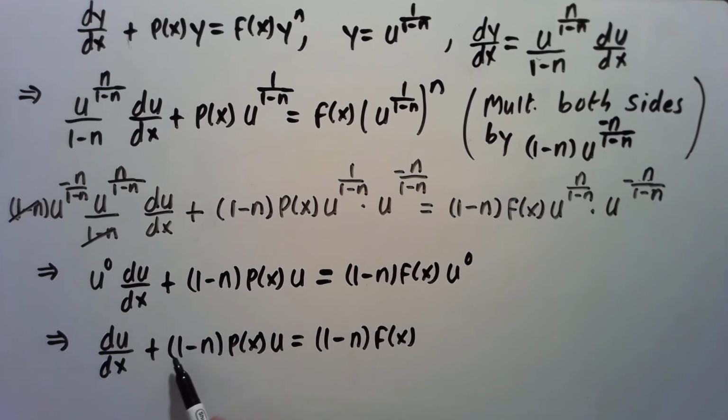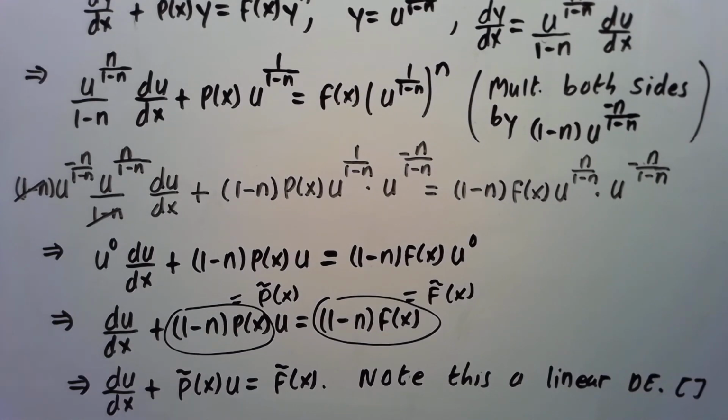So you could call the (1 minus n) p(x), say, p tilde, and you can call the (1 minus n) f(x) f tilde. So let's do that. Okay, so making those substitutions, then you'll have du/dx plus p tilde u equals f tilde.